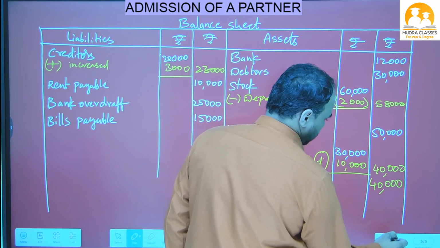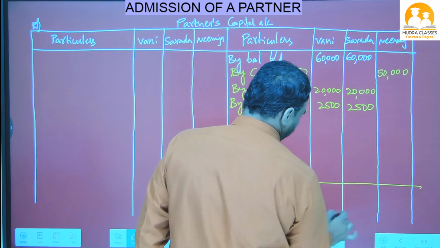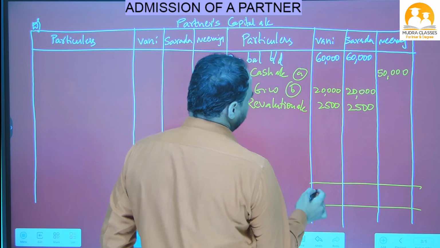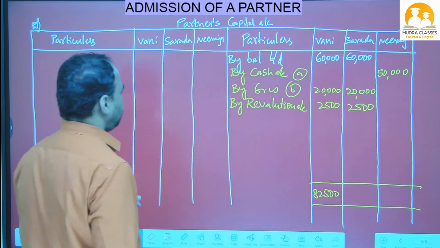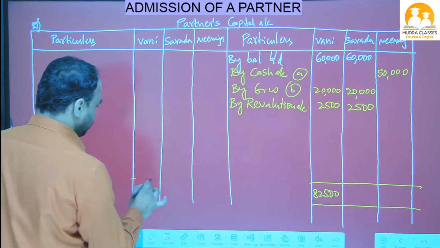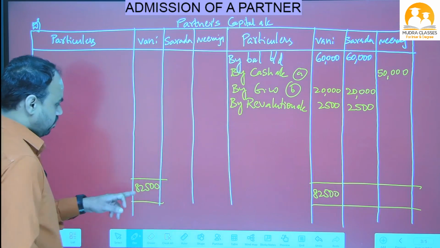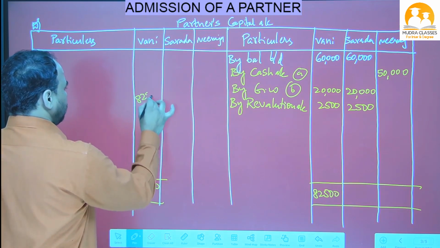Okay. Now see the next one. Now we have to close the partners capital account. Partners capital account credit side total 60 plus 20, 82,500 rupees. So here debit side is 0, so on both sides you have to write that big amount, 82,500. From 82,500 if you minus 0 we will get once again 82,500.